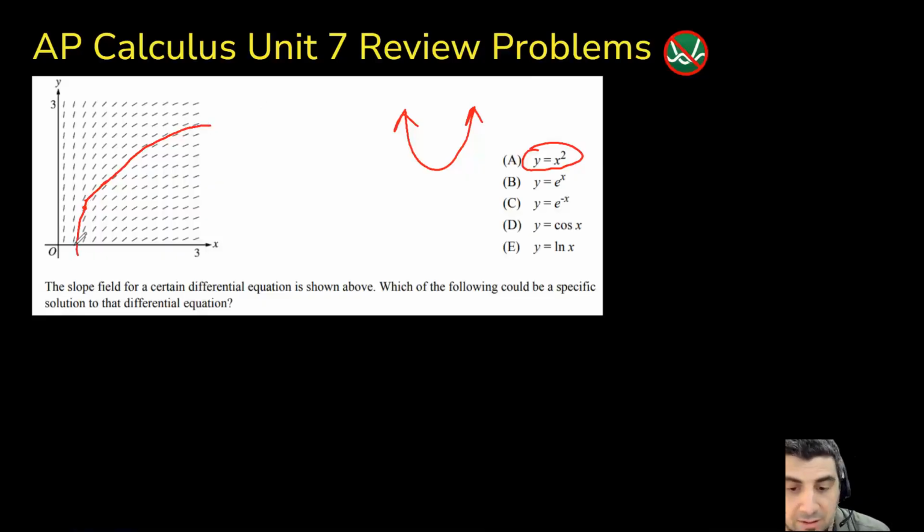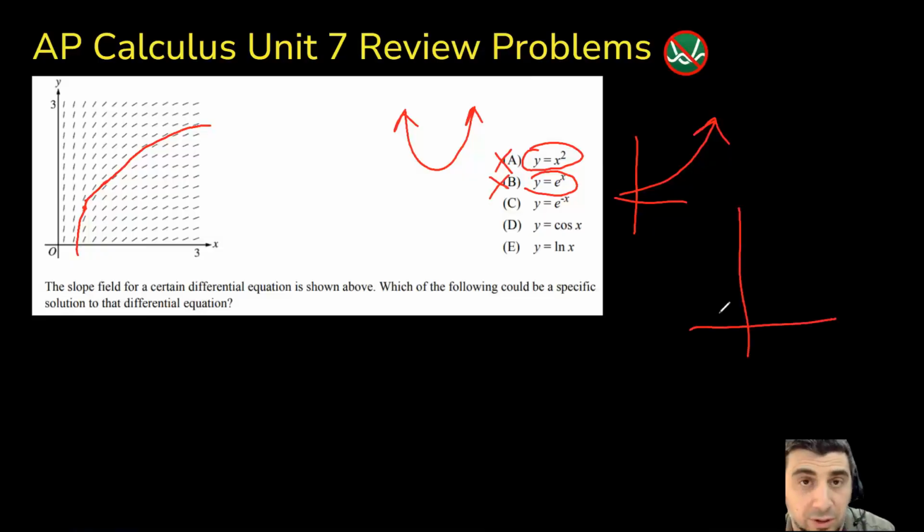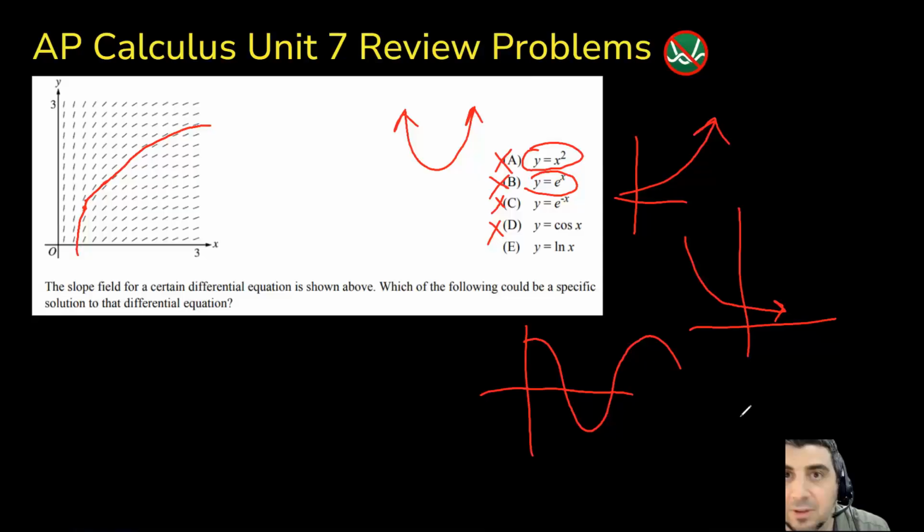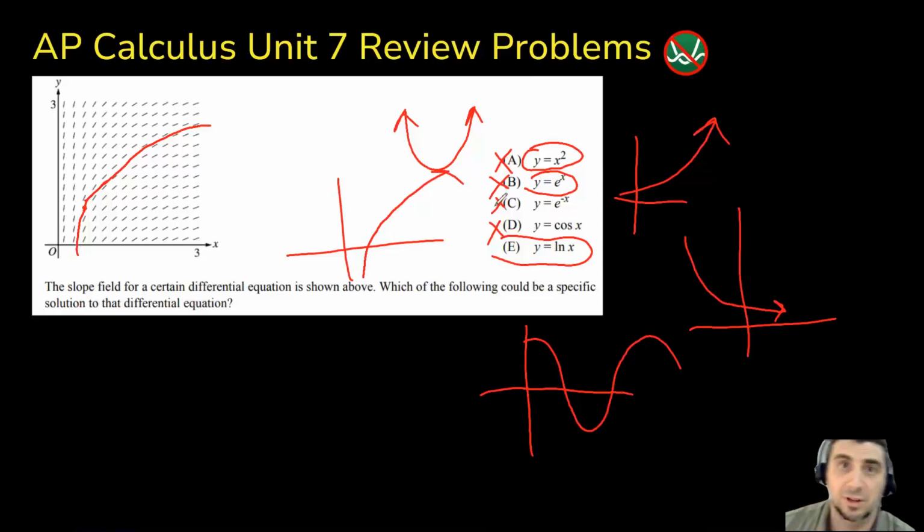That's definitely not x squared. e to the x has that exponential concave upward increasing shape, so it's not that one. e to the negative x is just the exponential function reflected across the y-axis, so it's going to look like this. Still not what we're looking for. Cosine is going to have that periodic nature. Still not what we're looking for, but natural log does have that increasing concave down type of shape. So for this one, that's what we want.